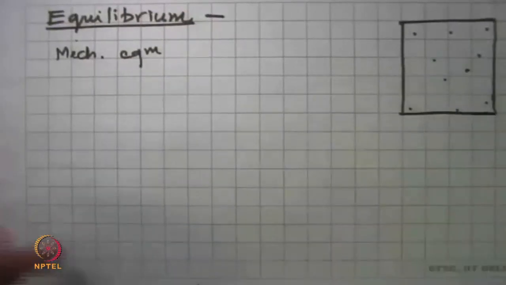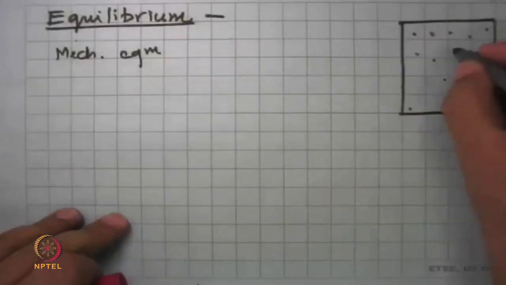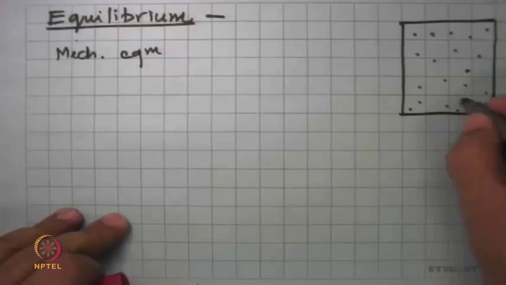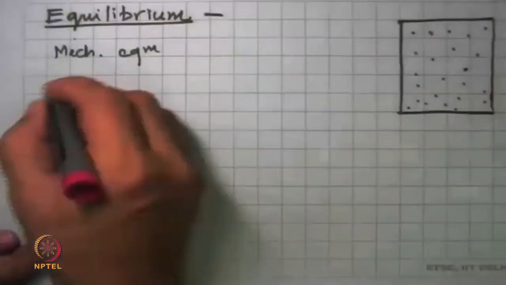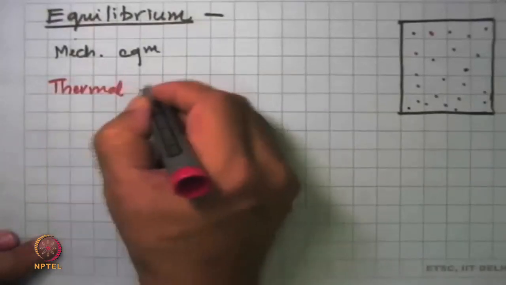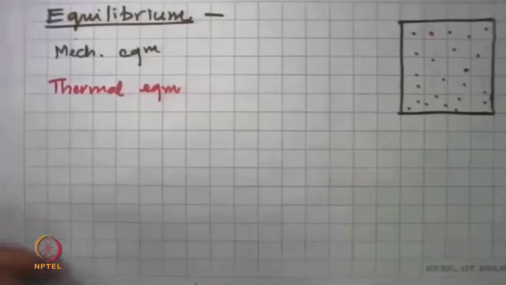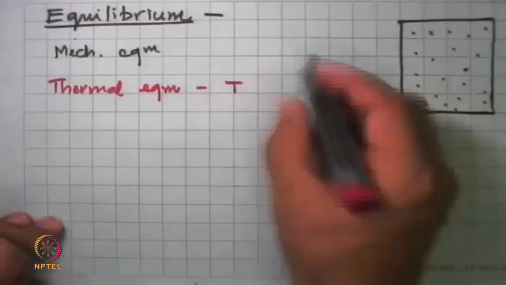Now we take this same thing and say if I measure at any number of points anywhere in the system, and if temperature everywhere is the same, then the system is in thermal equilibrium. So here T is the same everywhere.